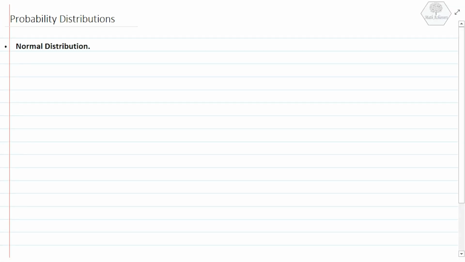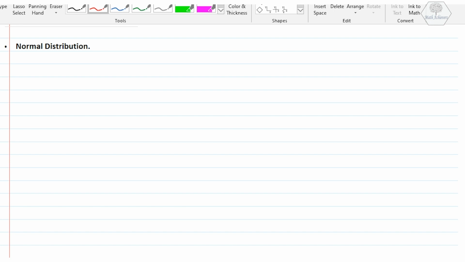Now, let's talk about the normal distribution. Statisticians all agree that any sample greater than 30 is normally distributed. Let's see the normal distribution curve.